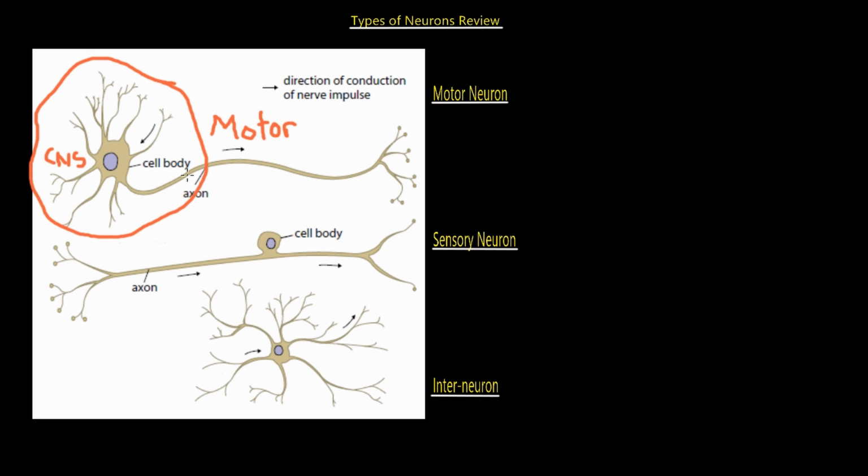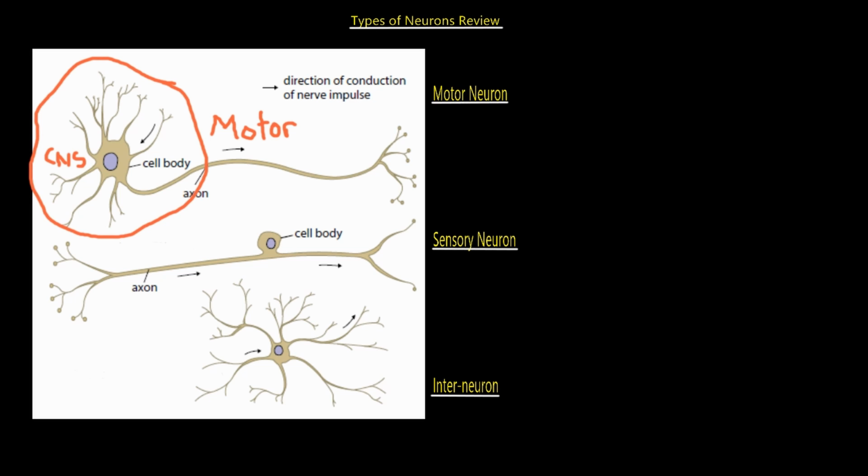You can imagine how long this cell could be, because the axon is still part of this one single cell, and the terminal ends are attached to the receptors on the skeletal muscle, which will activate the muscle and cause contraction.